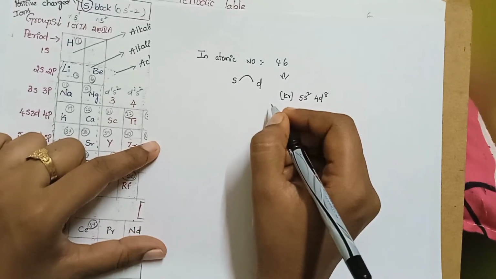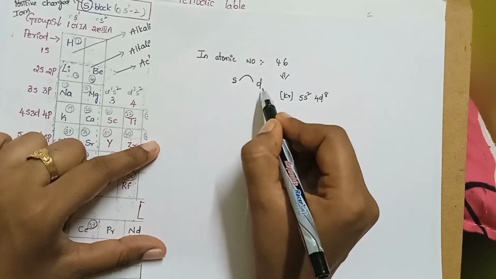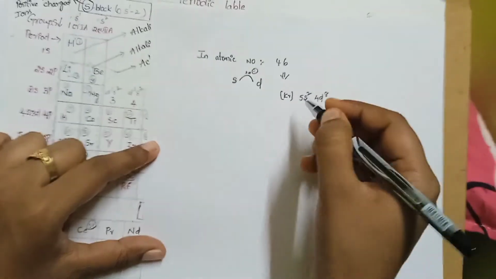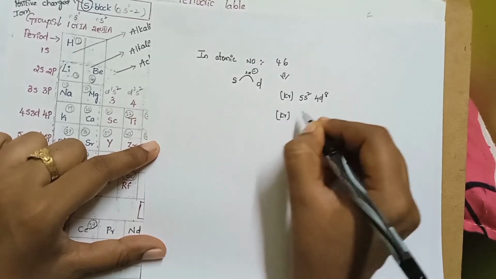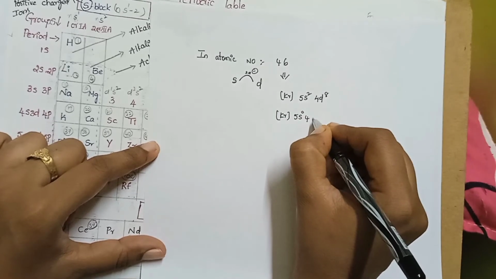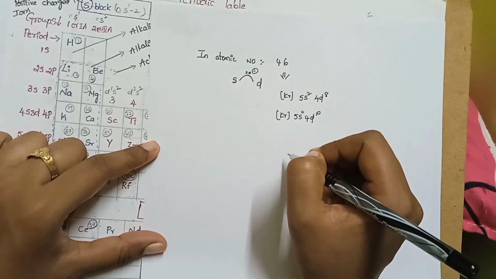The electrons from the s subshell are transferred to the d subshell, so 2 electrons move. That means krypton 5s0 4d10.